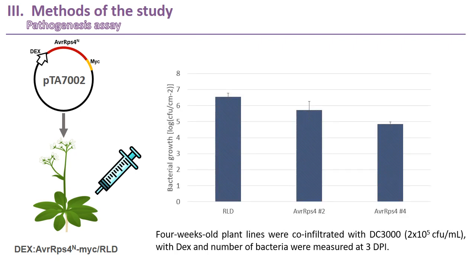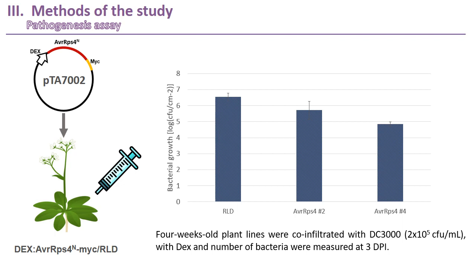If you can see on the right side, this is the graph showing the number of bacteria in wild type and transgenic plants. The number of bacteria in transgenic plants seems reduced compared to the wild type. And if my gene of interest is expressed in these transgenic plants, plants recognize this problem and cause a resistance.